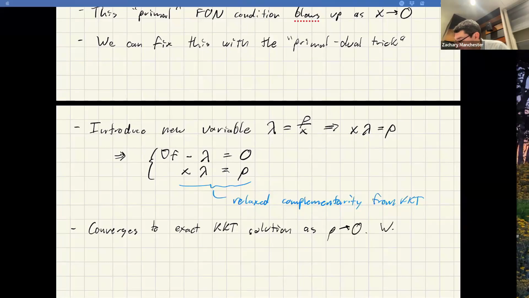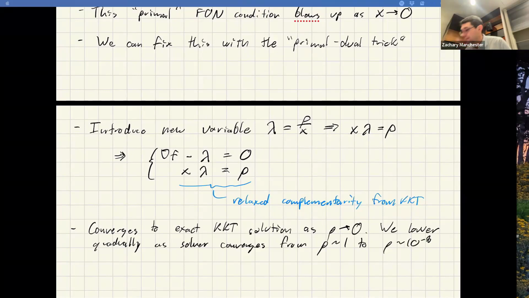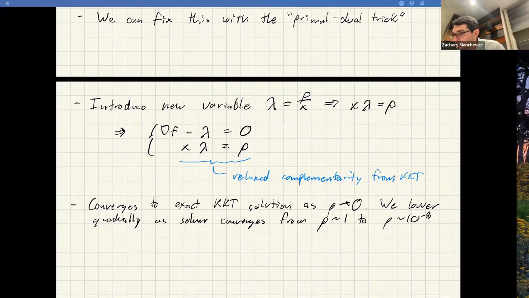And essentially what you do is lower this gradually as the solver converges, from say rho equals 1 to maybe rho is like 10 to the minus 8 or something like that. It just depends on how far you want to go from a tolerancing perspective, but you can go pretty much as far as you want.